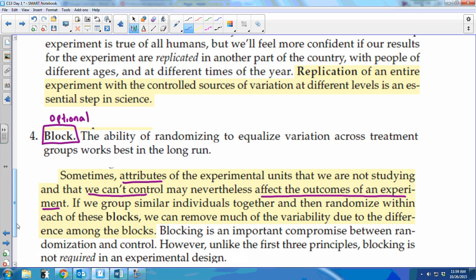So blocking just means we create groups ahead of time, and then we do the entire experiment within each group. All right? So if I wanted to block that diet and exercise example, then I would get an entire group of females, an entire group of males, and I would do the entire experiment, all 6 treatments just with women, and all 6 treatments just with men. All right? So at the end, I can compare the results within women and within the men group, but then I could also compare across between women and men.